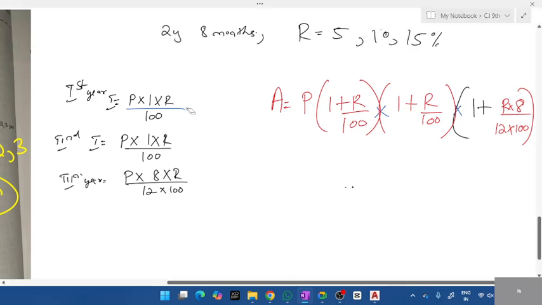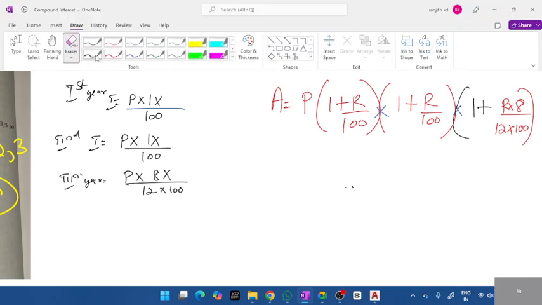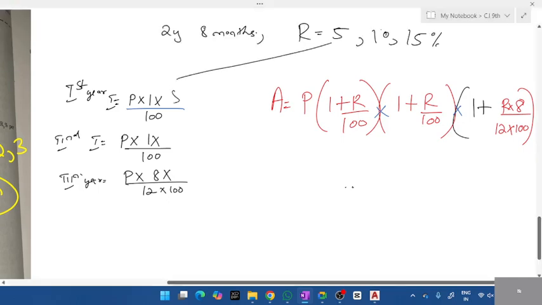All of you stop writing. All of you done? Copied these two? So now let's substitute the R values. What should I write in place of the first, second, and third R, students? What is the first rate value given? 5, second 10, third 15.